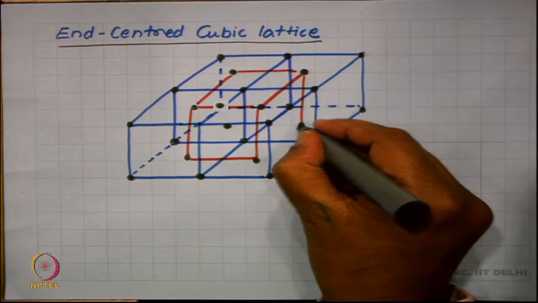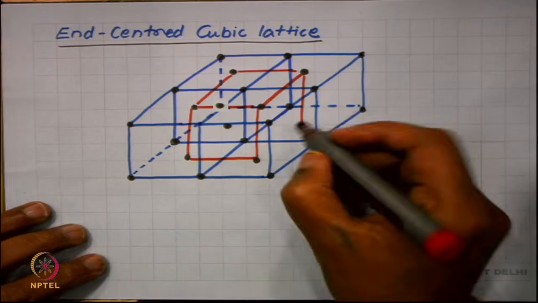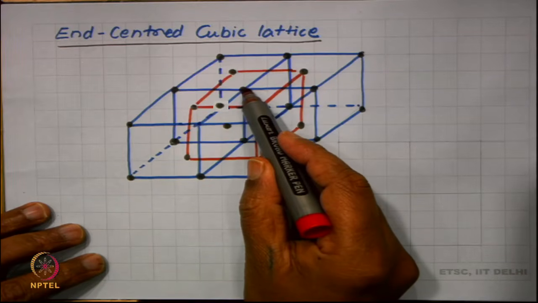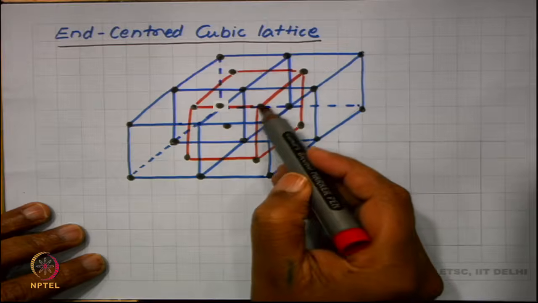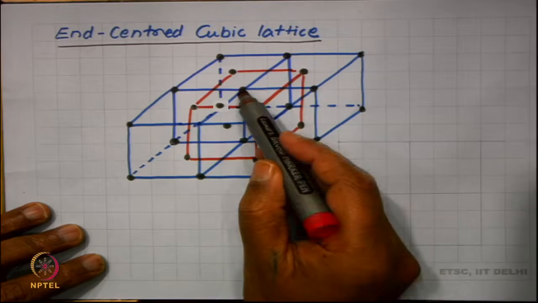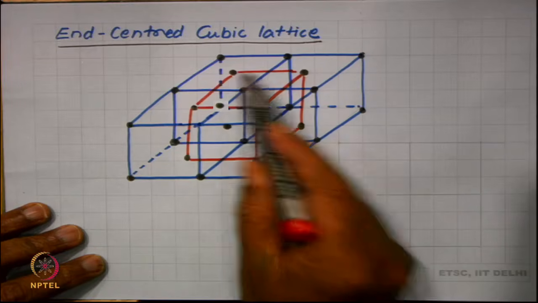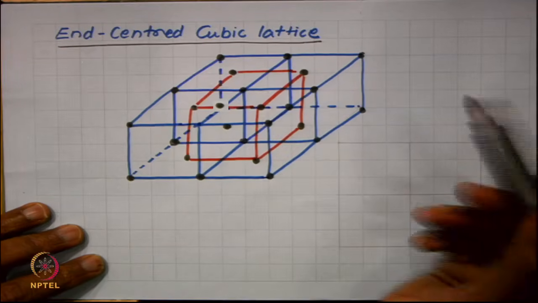In this new unit cell, what was the corner of the original cell is now the end center of this new cell, and what were the end centering points of the original cell are the corners of the new cell.